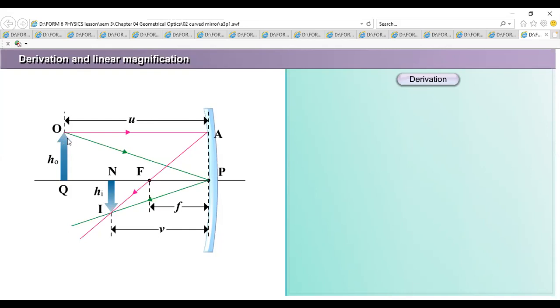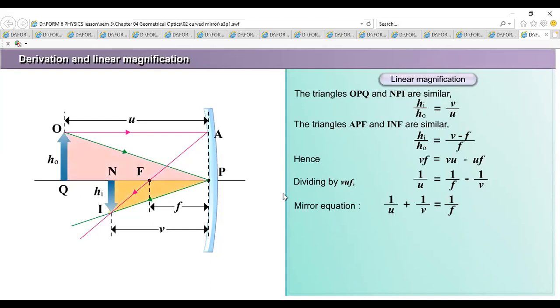So the distance of the object from the mirror, we use the symbol U, where this is the object distance. The distance of the image from the mirror will be the distance V. So we go through the derivation.